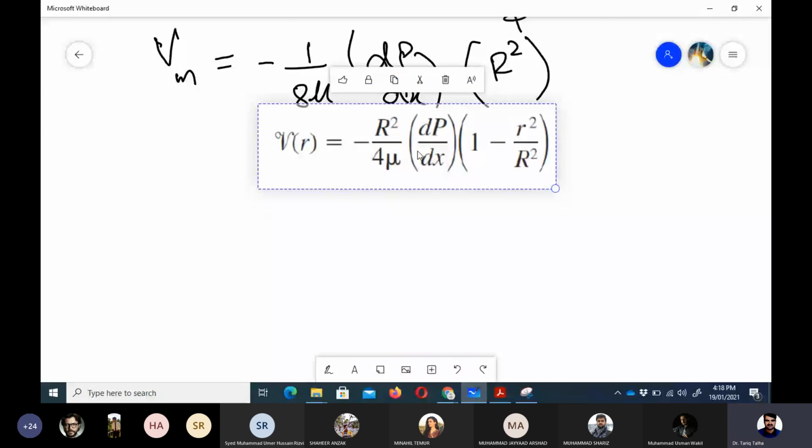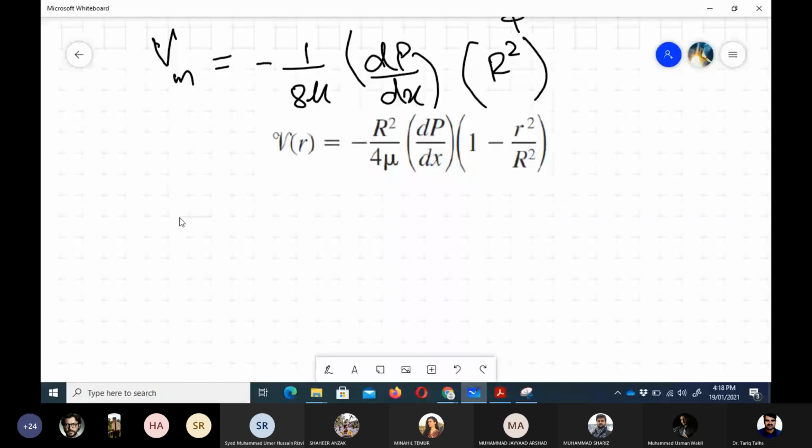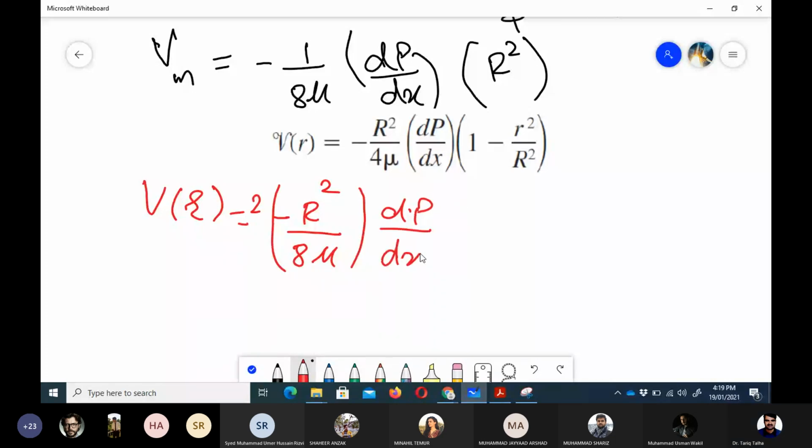How are they similar? If we write VR here again, if we want to introduce 8 mu, then we need to multiply it with 2, and then dp by dx, and then 1 minus r square of r.